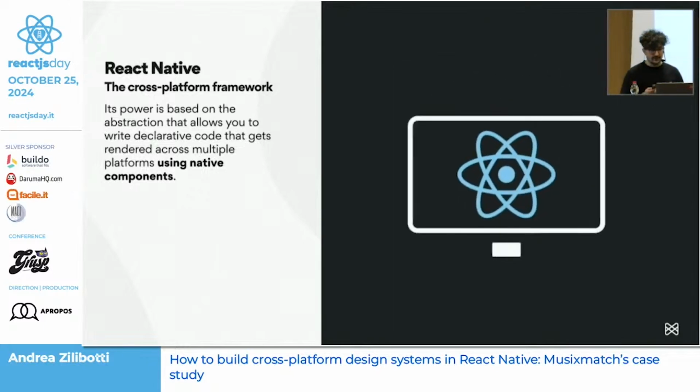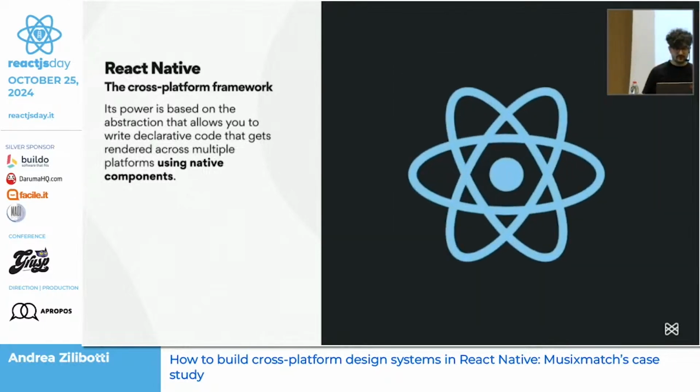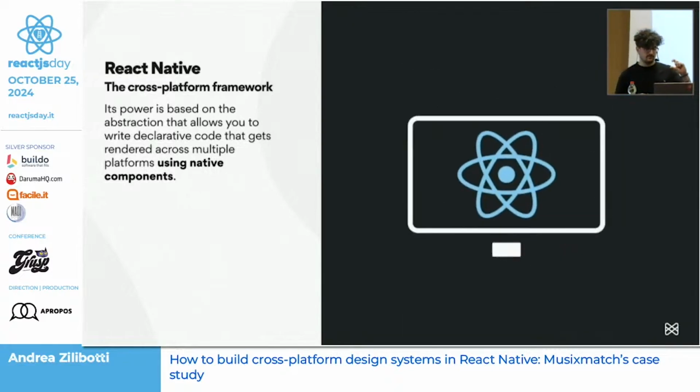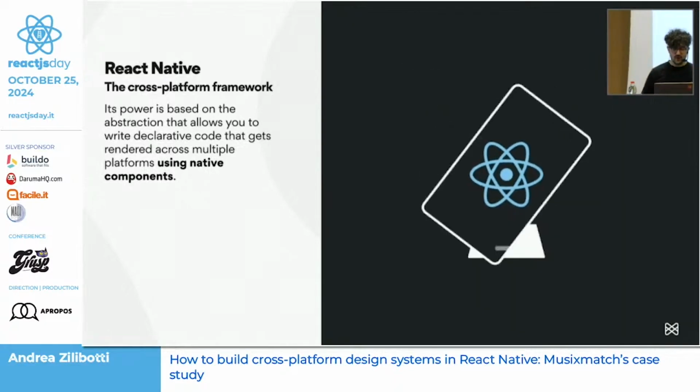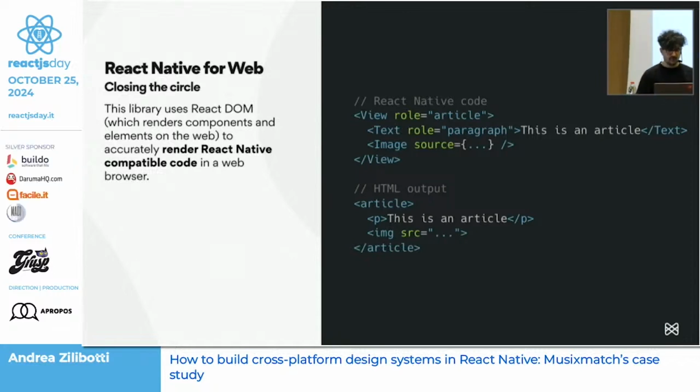Of course, React Native solves what Android and iOS need, but we still miss one piece, which is web, right? So on top of React Native, we use a library called React Native for Web. Mateus was mentioning this in the first talk today, and I know that Nicola will also speak about it later.